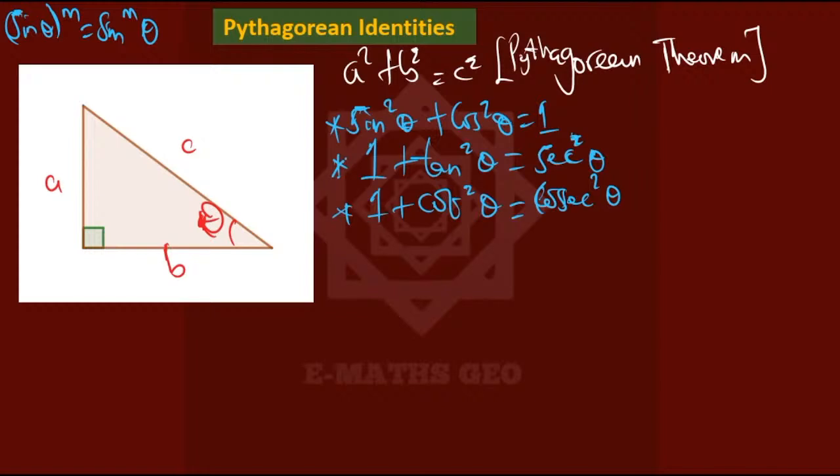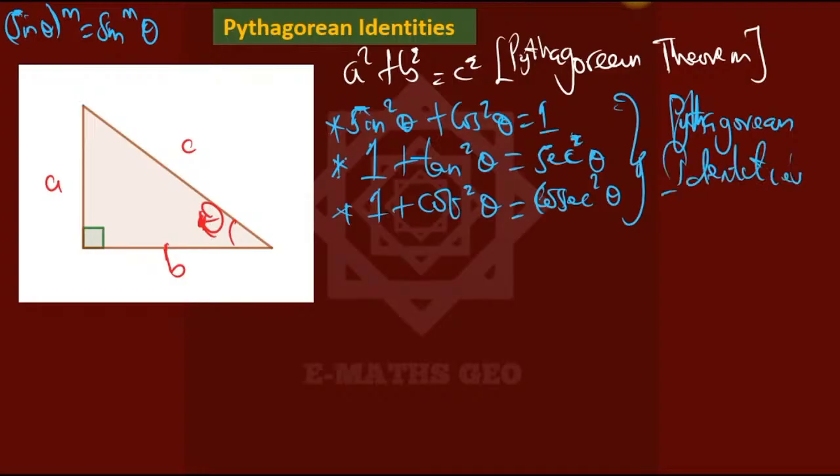These are what we call Pythagorean identities. If you look at it, it looks like the Pythagorean theorem. I believe that's why it's called Pythagorean identity.